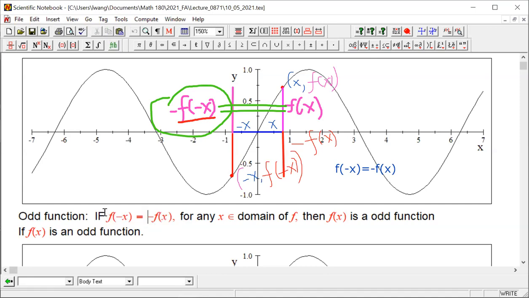But from this algebraic form, if you multiply both sides by -1, you get exactly this form over here. You guys follow me? If you multiply this piece on both sides by -1, you will get exactly this piece on the top. You guys follow me? Yeah?